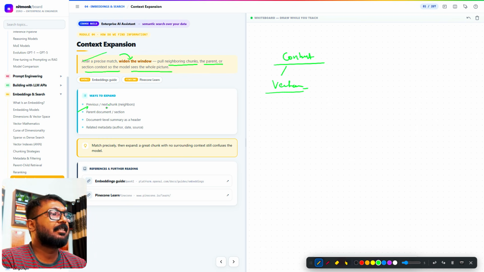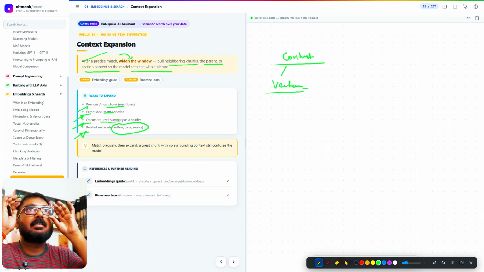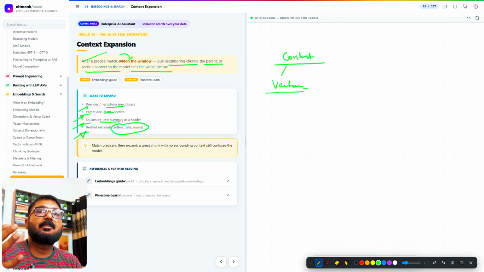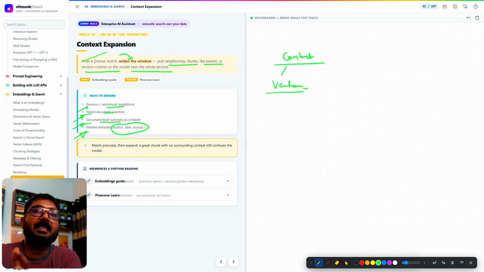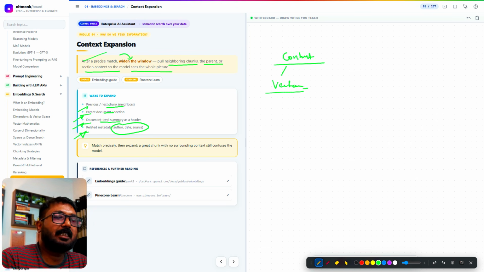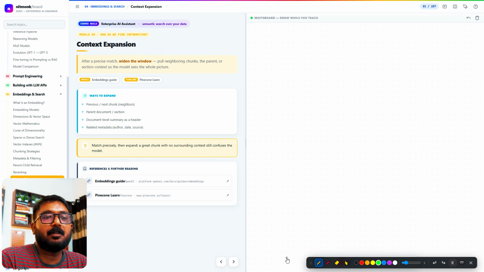The previous and the next chunk's neighbor, parent document section, document level summary as a header, related metadata, again author. It's all about whatever chunks have been retrieved, what other parts we can get from that chunk, like from the PDF, from PDF citation, from that page, from that paragraph. All these context expansions help the LLM understand better.